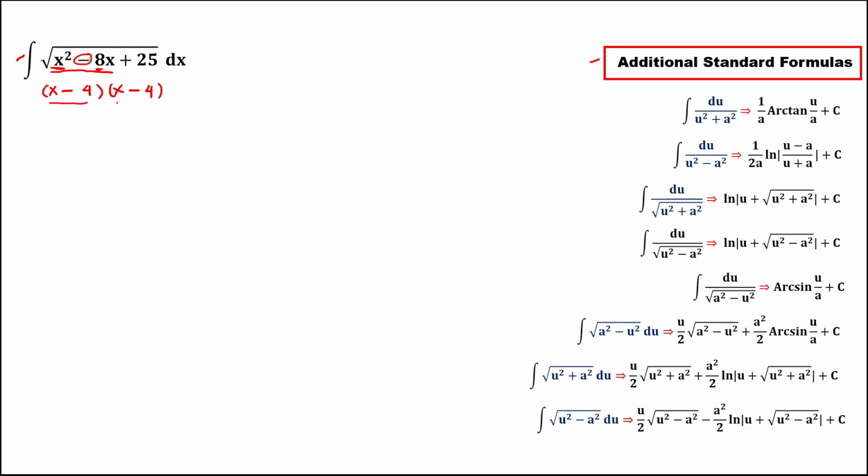So we have now these two equal factors, and this is equal to the quantity of x minus 4 to the power 2. Then since 4 times 4 is equal to 16, this given becomes the integral of the square root of x squared minus 8x plus 16 plus 25.